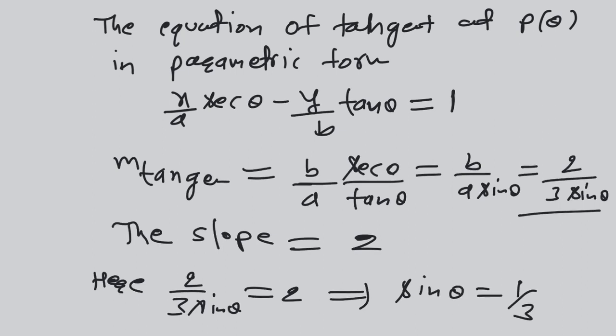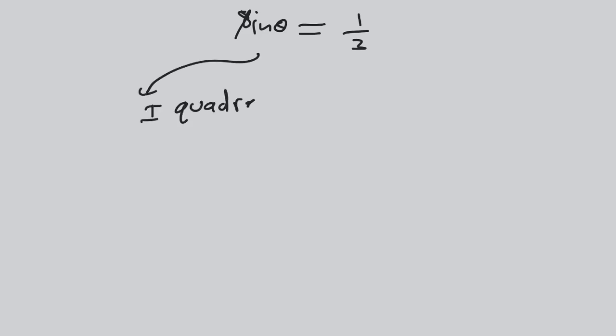After getting sine theta, we can easily get sec theta as well. Since sine theta is positive, theta can lie either in the first quadrant or in the second quadrant. Why are we taking two different cases according to the quadrant?